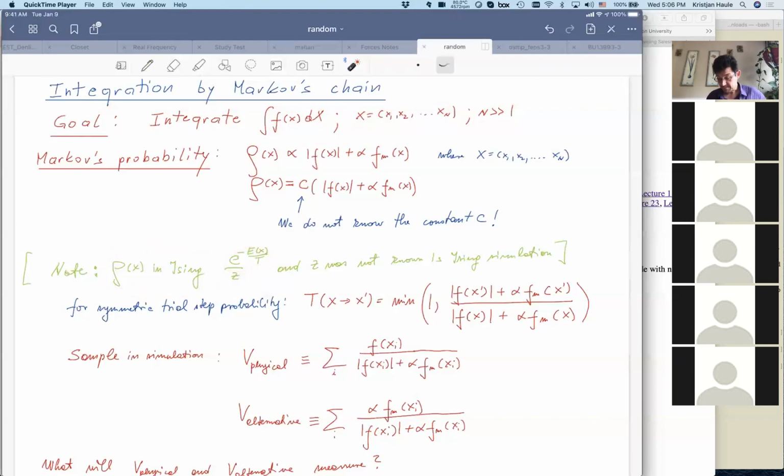Now, in the Ising model, I didn't emphasize that, but we don't know Z. We never computed Z, the partition function, or equivalently the free energy. We computed free energy with the Wang-Landau algorithm recently, but not directly in simulation of the Ising model.